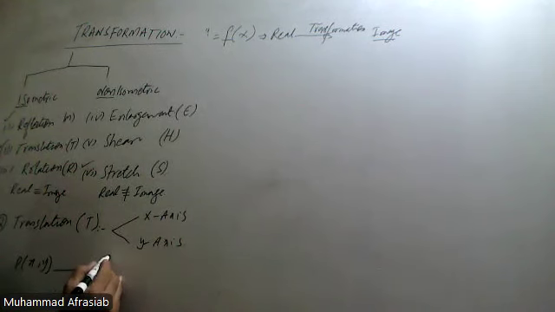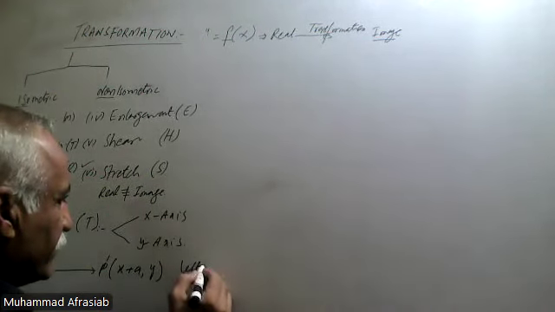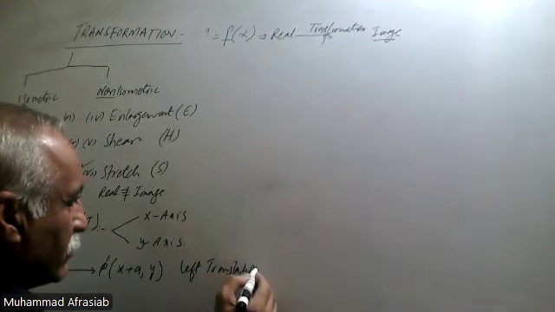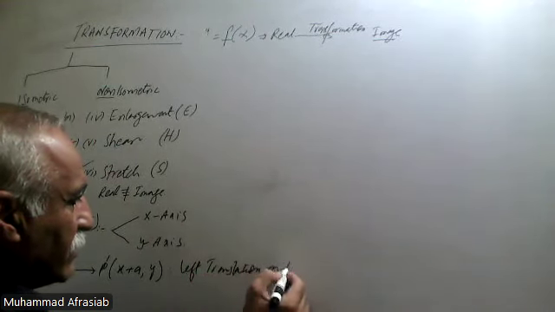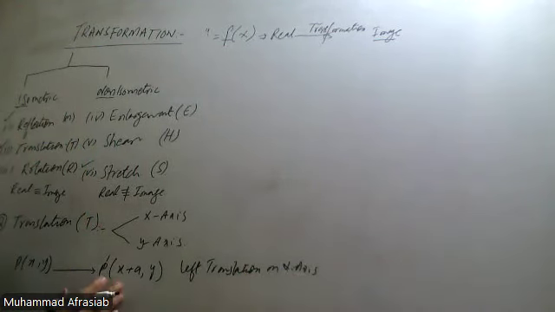If the point P is (x, y), and that is going to be transformed to the new figure P dash, and its coordinates will be (x plus a, y), then it is the left translation on x-axis. That means the whole graph is a units shifted towards the left side.